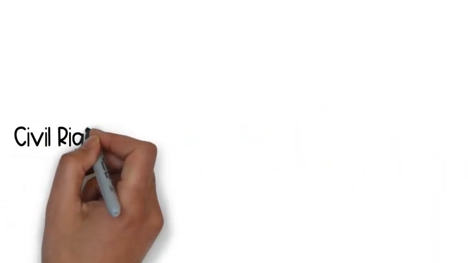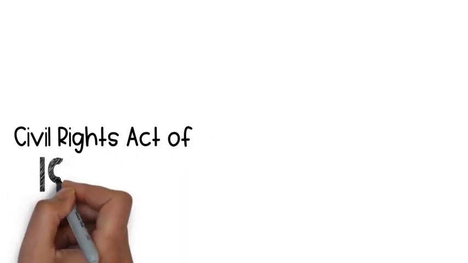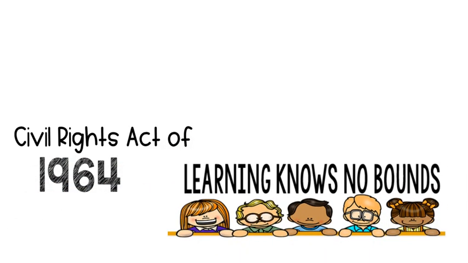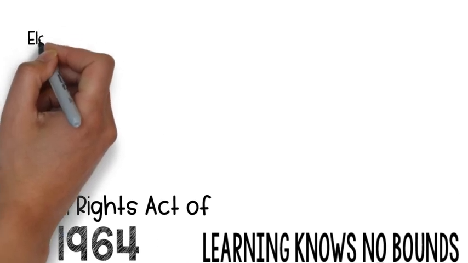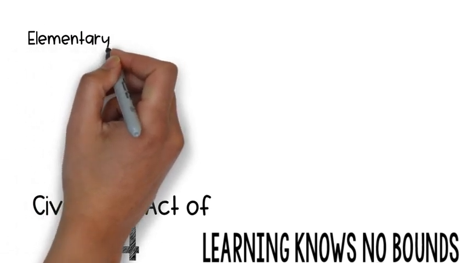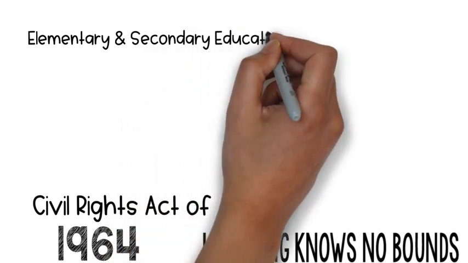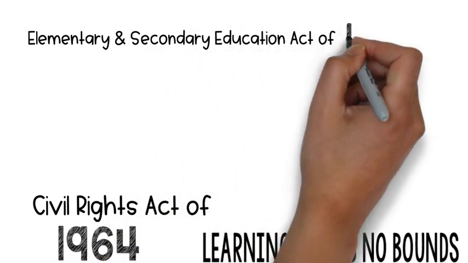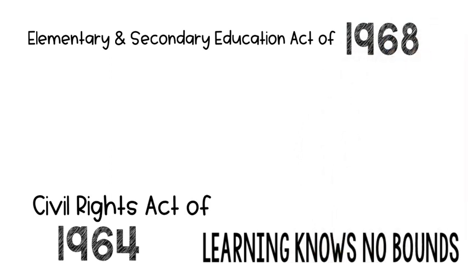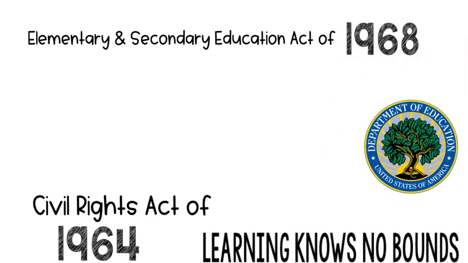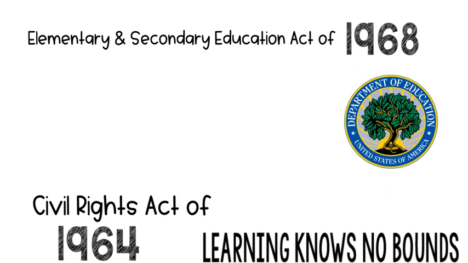The Civil Rights Act of 1964 was the first piece of legislation that stated all students have the right to learn. This was followed shortly by the Elementary and Secondary Education Act in 1968. This mandated funds to be authorized for professional development, instructional materials, resources to support educational programs, and the promotion of parental involvement.